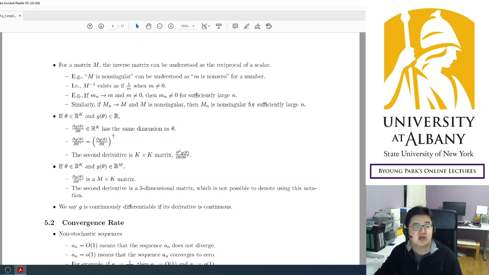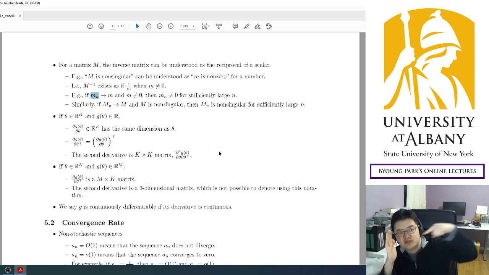As you can imagine, suppose a sequence converges to a number, and the limit is non-zero. Then for sufficiently large n, the sequence will be non-zero. When the sequence converges to m, a point different from 0, then after enough convergence it has to be close enough to that point, so it should be different enough from 0.